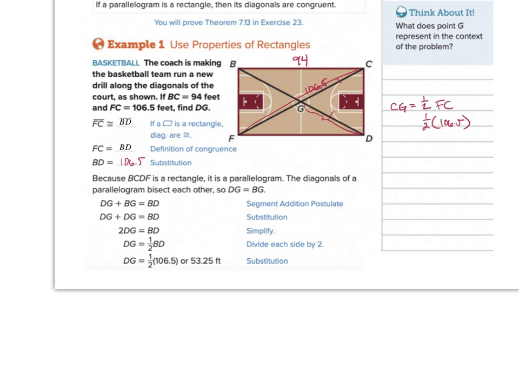Once we solve that, DG turns out to be 53.25. So we are just using our properties and understanding the concept of a bisector and congruency.